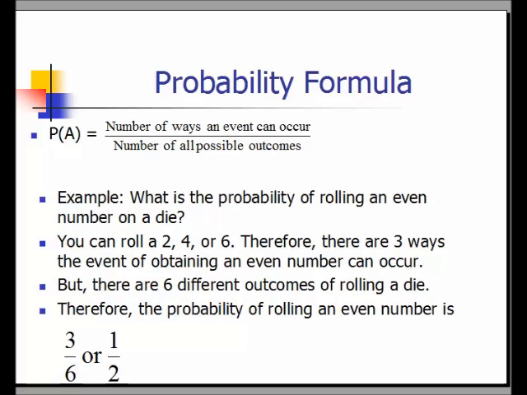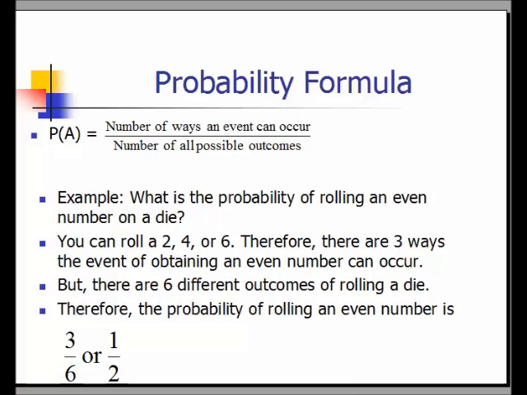Let's look at the probability formula. The probability of something happening, A, equals the number of ways an event can occur over the number of all possible outcomes. For example, what is the probability of rolling an even number on a die? Recall that a die has 6 faces with the number of dots being 1, 2, 3, 4, 5, or 6.